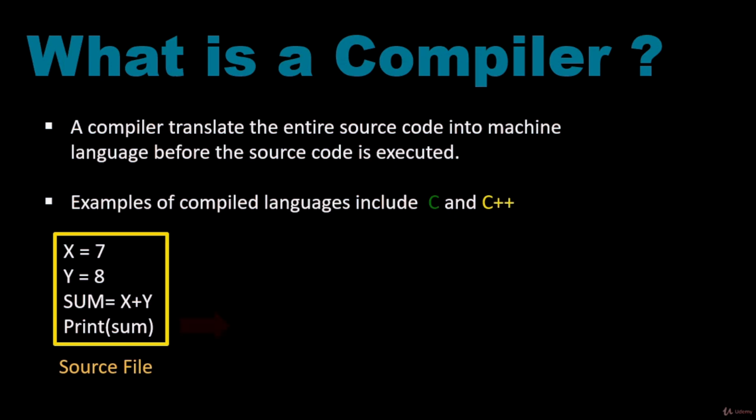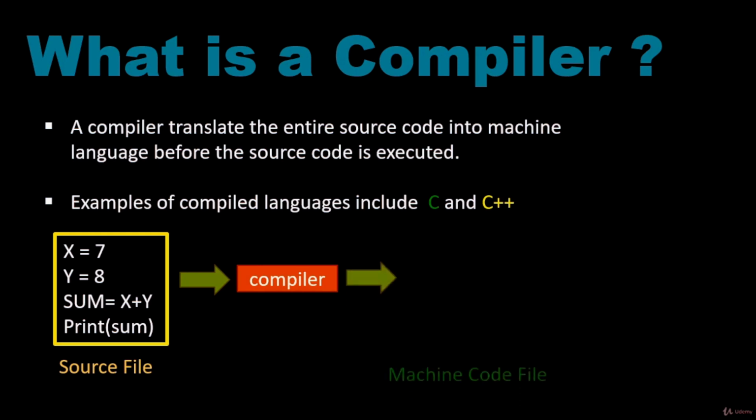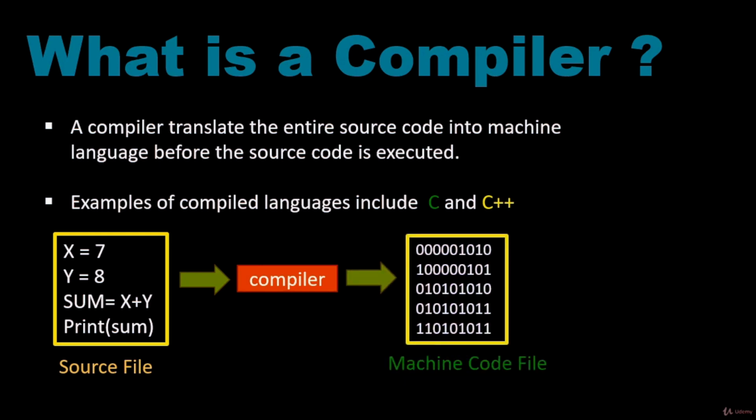So what needs to happen, you need to use the compiler to convert that code into machine code. The machine code is something like this. Computers only understand zeros and ones. So the compiler compiles it into machine code, and then it executes the code. It then passes it on to the computer memory, and the computer memory then outputs the result, in this case, which is 15. So that's basically how a compiler works.